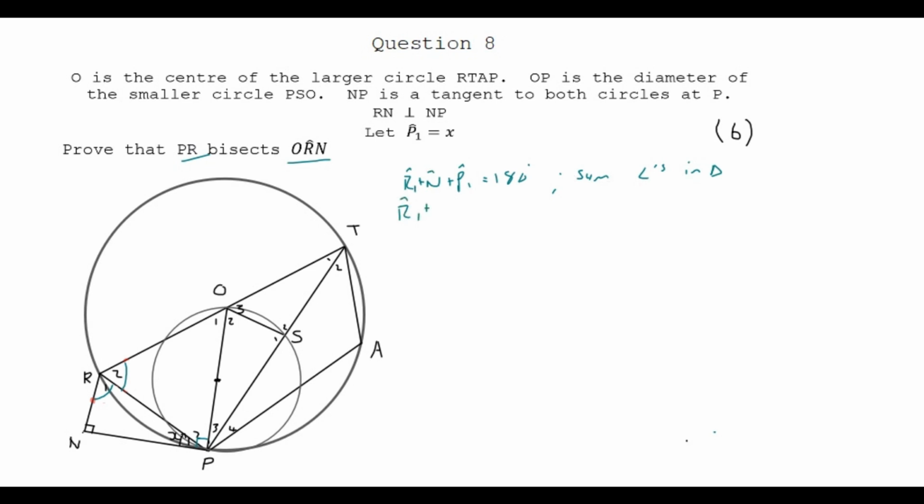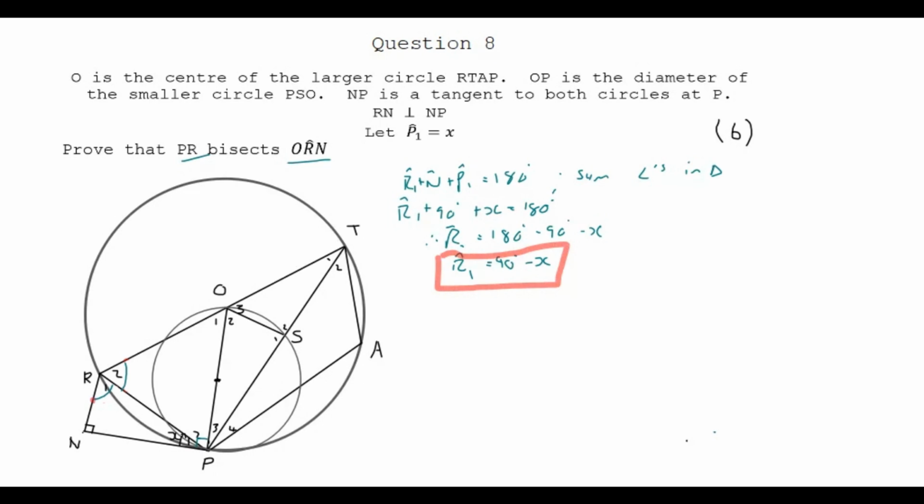Angle R1 plus 90 degrees plus X equals 180 degrees. Therefore, angle R1 equals 180 degrees minus 90 degrees minus X, which equals 90 degrees minus X. That's R1. Now, if we can get R2 to be the same as R1, we answer the question.